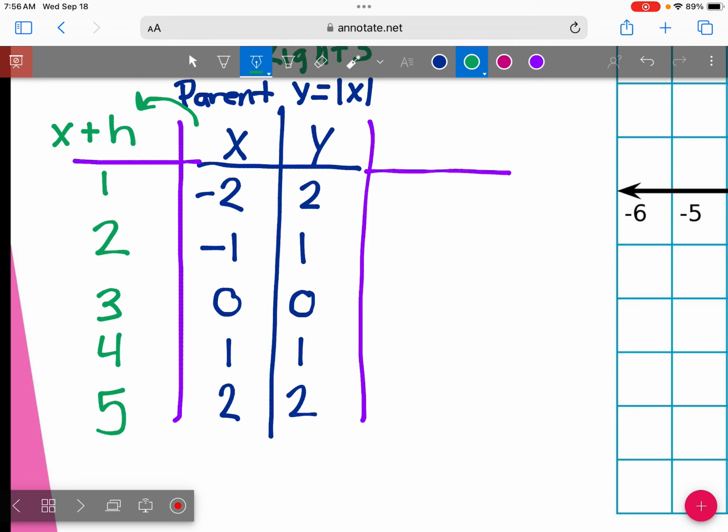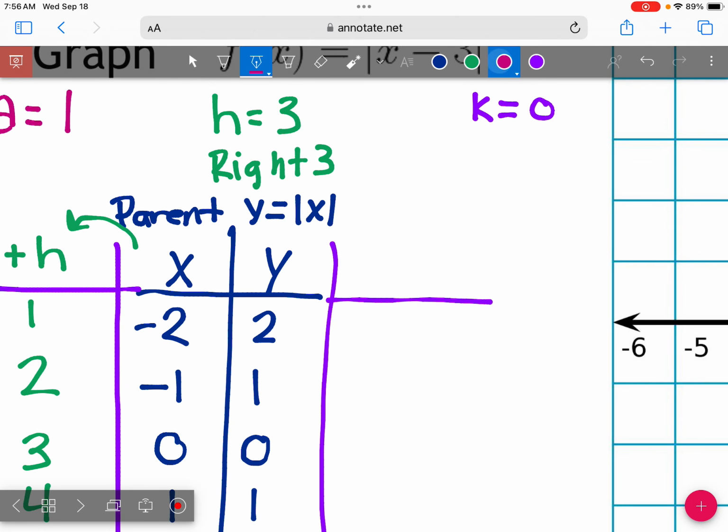On my y side, what we're going to do is we're going to take our y's times our a plus k. So in this case, I'm going times 1, which doesn't change anything, plus 0, which doesn't change anything. So it's going to be the exact same in this one.